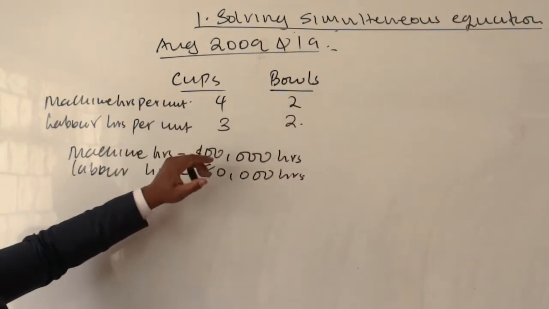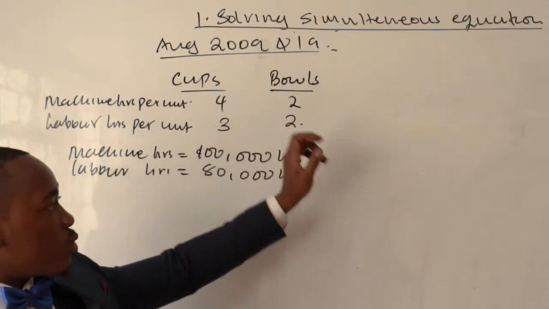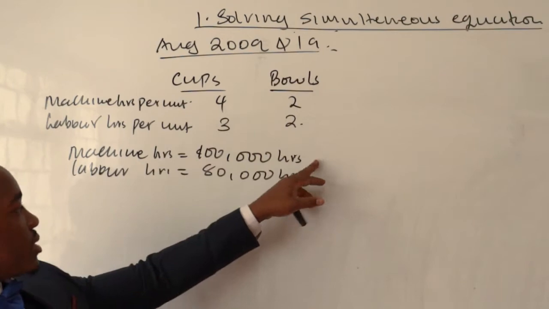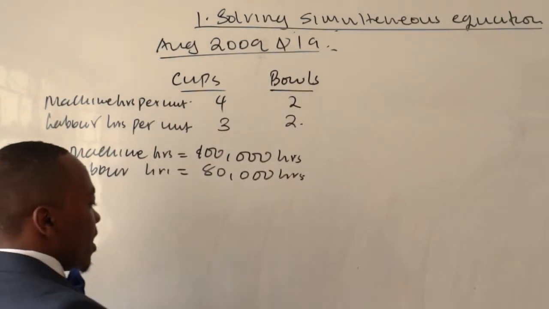For labor hours, to make 1 cup you require 3 hours, and to make 1 bowl you require 2 hours. The available machine hours are 100,000 and labor hours are 80,000. So, how do we solve that?